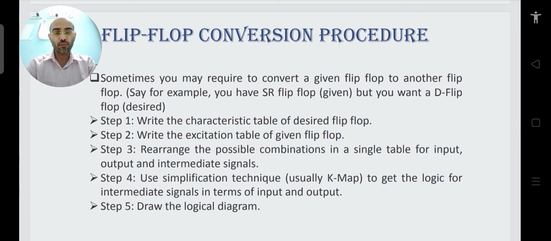First, write the characteristic table for the desired flip-flop. In the second step, write the excitation table of the given flip-flop. Then rearrange these two tables, whatever you have written in steps 1 and 2, in a single table, so that you can easily define what is the input and what is the output for the new circuit.